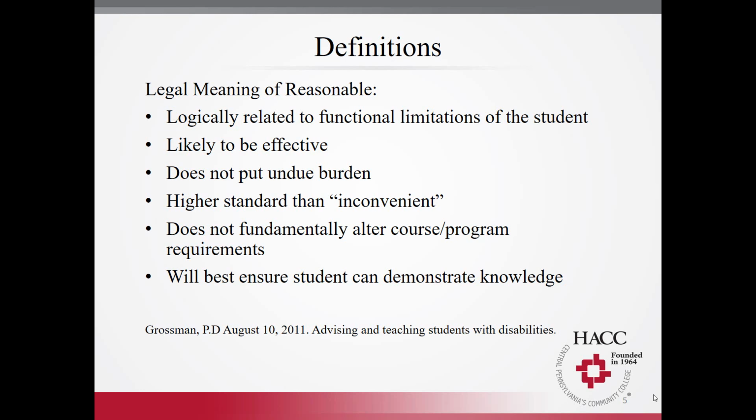An undue burden is defined by the law as a higher standard than inconvenience, meaning that the faculty member may be required to take additional steps in order to accommodate a student. All of this work is to ensure that the student with disabilities can demonstrate their knowledge on an equal footing with their peers.